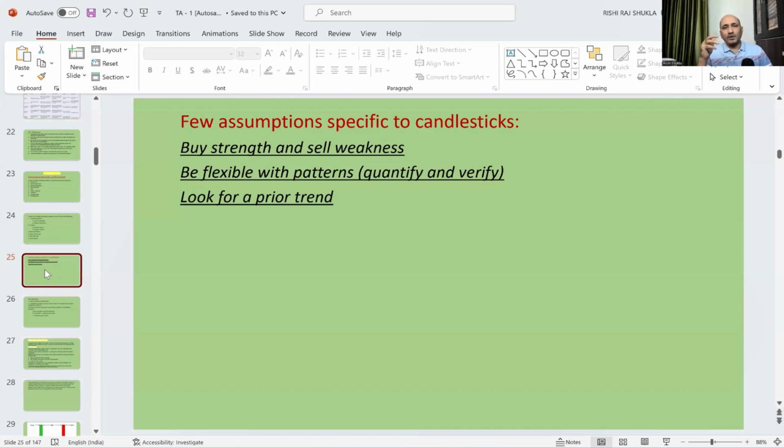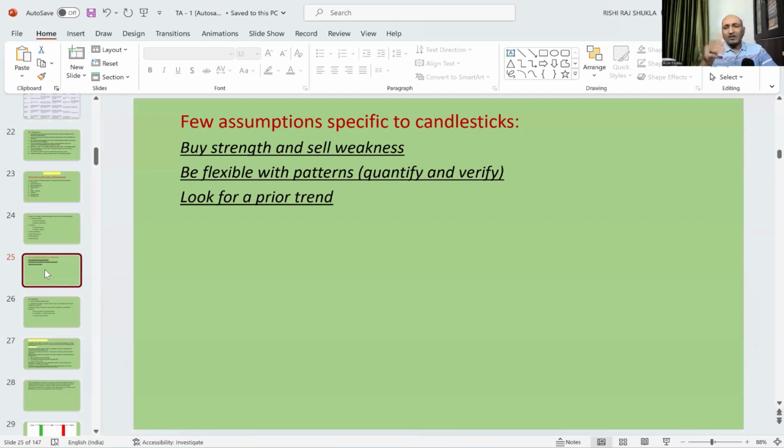Second is be flexible with patterns, quantify and verify. As said earlier, there are so many forces acting in the stock market, and those forces have their own pulls and pushes that create different dynamics. We should be flexible with our pattern setup. If the trade is not going in our favor, we must exit.